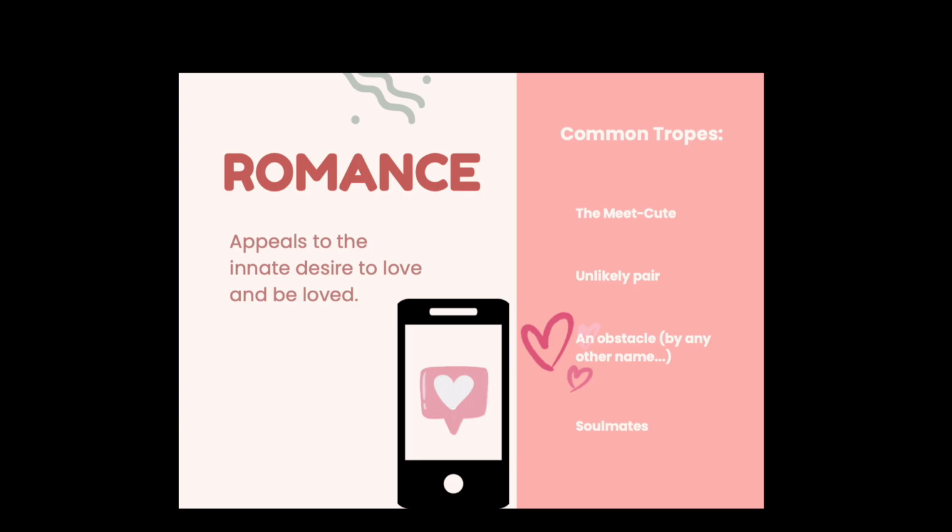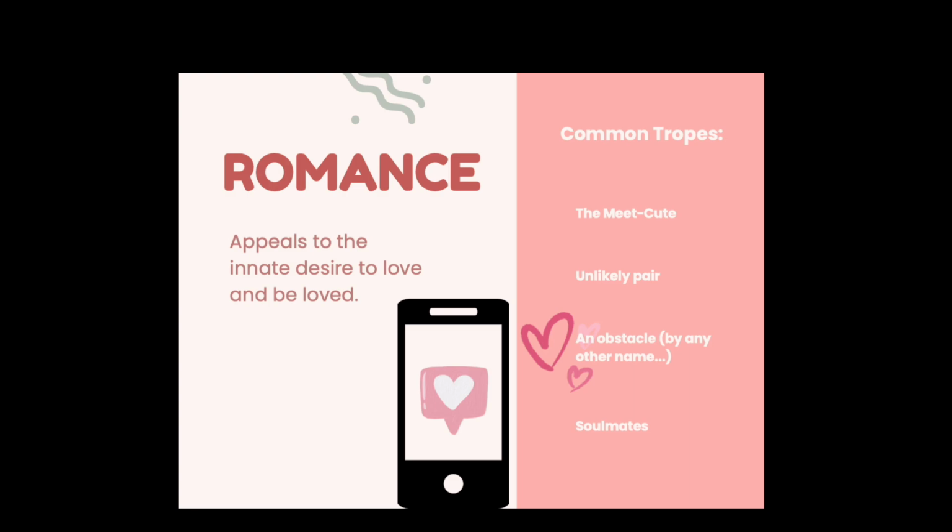Common also within a romance is the obstacle. I have it listed here as an obstacle by any other name. Now, this trope can manifest in several different ways. Either it's a person, that is to say that there is a love triangle at play, as overdone as those are, they're still quite popular. Or it could be that one person is about to move to a different city or country.